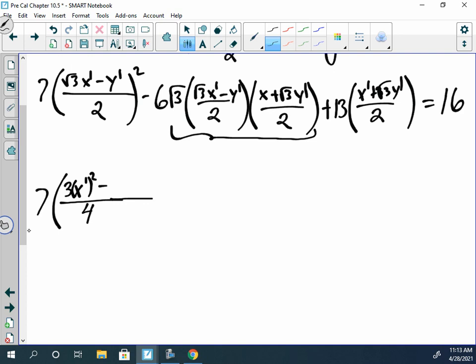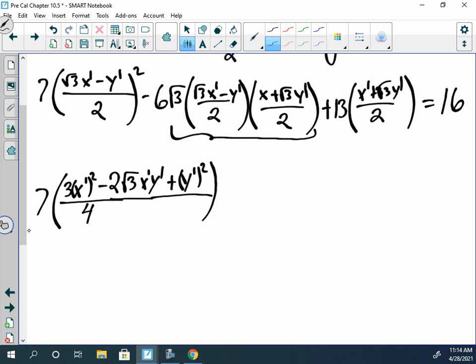Square root of 3 x prime times negative y prime would be negative square root of 3 x prime y prime, and we'll have it going the other way, so minus 2 square root of 3 x prime y prime. And then minus and minus is plus y prime squared.